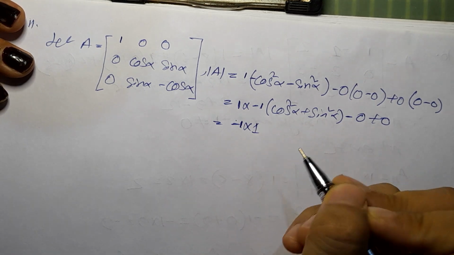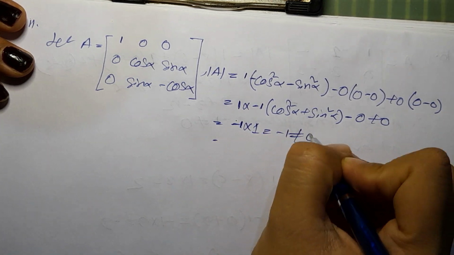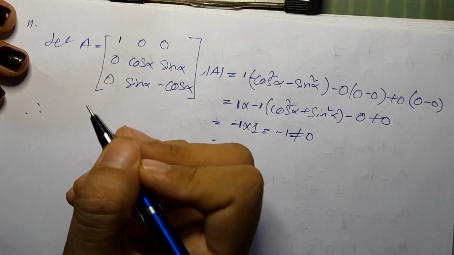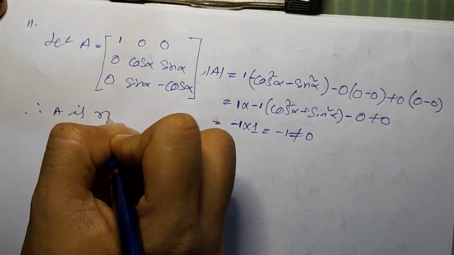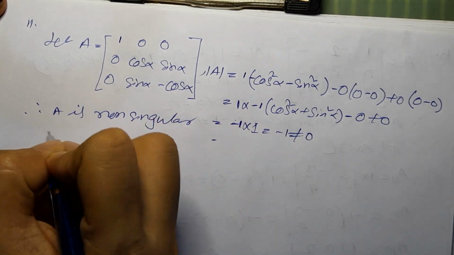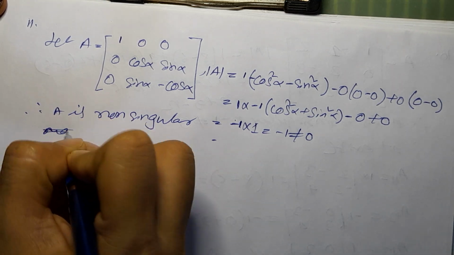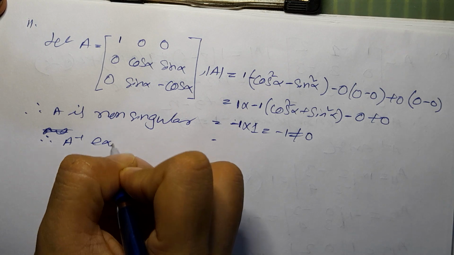So it will be minus 1, which does not equal 0. So A is a non-singular matrix. Therefore A inverse exists.